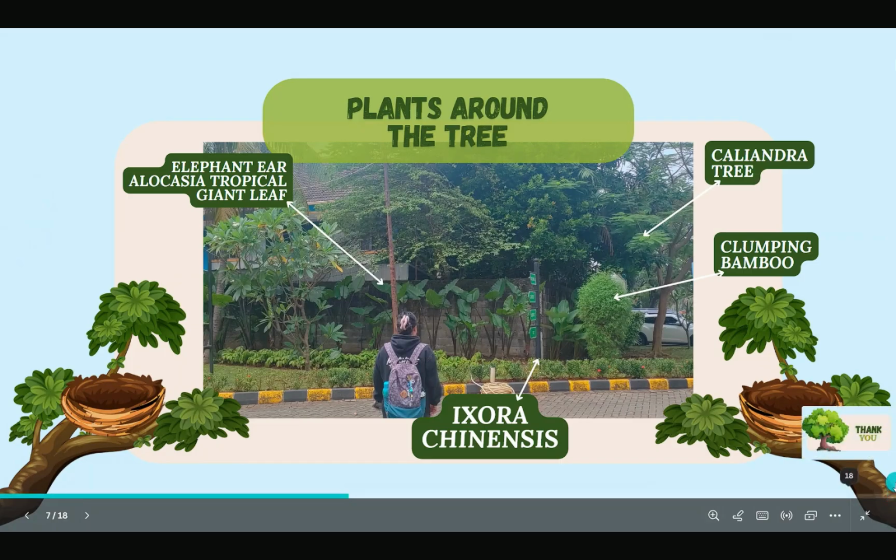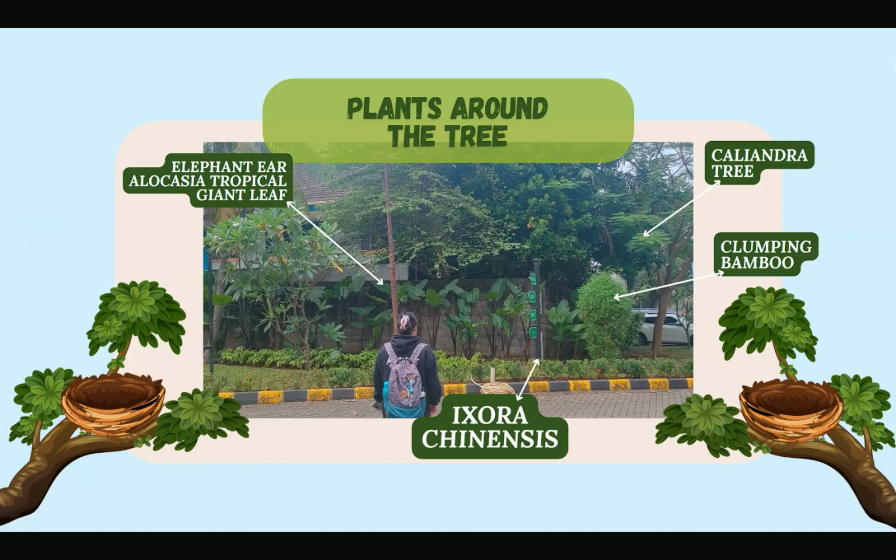Okay, for this slide, plants around the tree. Next, let's look at the plants that grow around the tree. We can see several types of plants here. On the left side, there is an elephant ear, also known as Alocasia, a tropical plant with giant leaves. It has large green leaves that are easy to recognize.